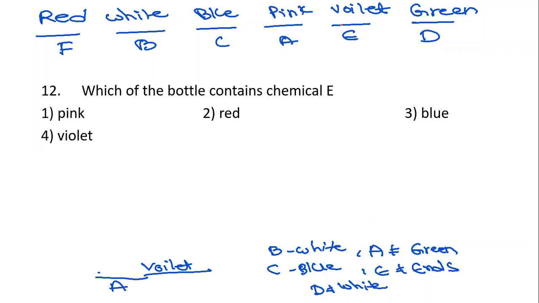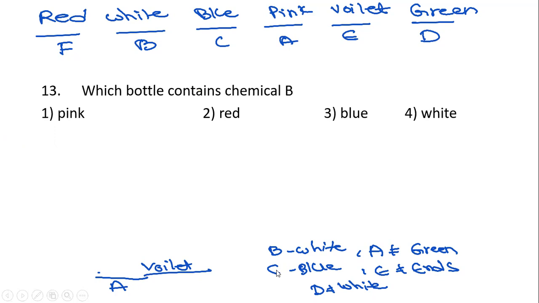Chemical E, it is violet. Which bottle contains chemical B? Chemical B, white.